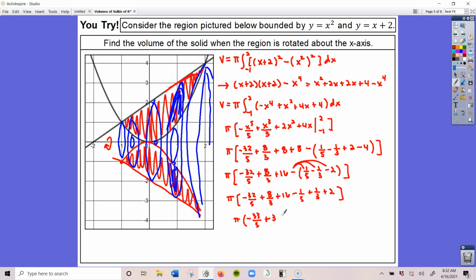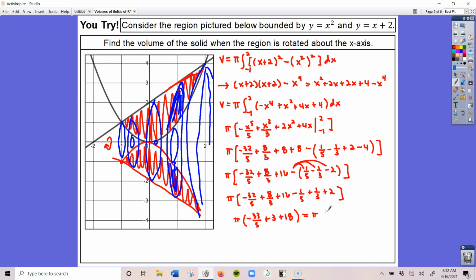Then 16 plus 2 is 18. I can combine these as well. See, that's why I do this at the end, because sometimes when you add or subtract those fractions, you end up with a number that is divisible, and you won't have that fraction anymore.